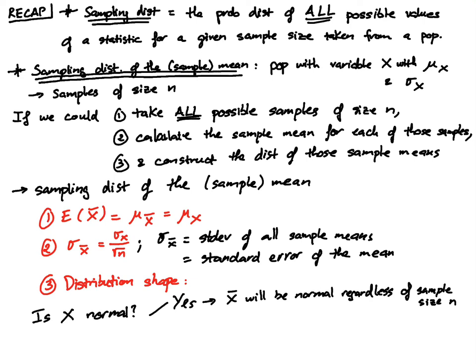Now, if the answer to that question is no or unknown, then we look at the sample size. If the sample size is greater than or equal to 30, then X bar is normal.